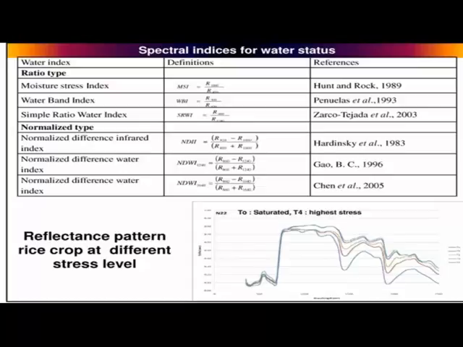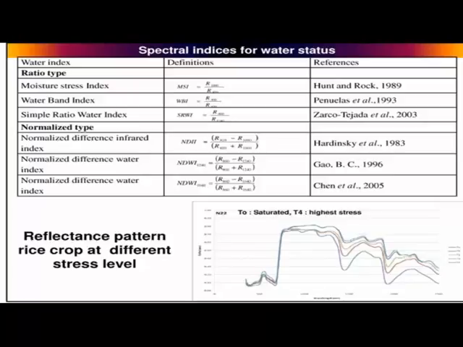At 820 there is hardly any change in reflectance with different water content, but at 1600 there is a significant change with moisture stress. Same with the water band index, where 900 by 970 are the water absorption bands. Using those sensitive water absorption bands, these indices have been generated and can be related to leaf water content, to know how much the water stress is.